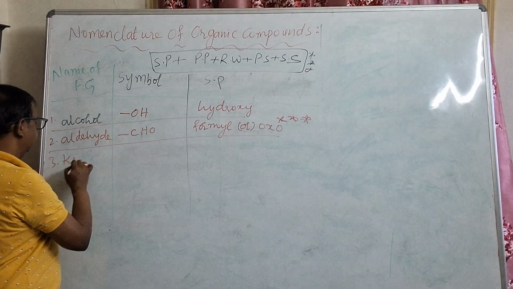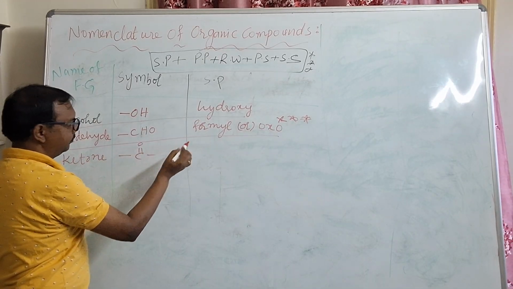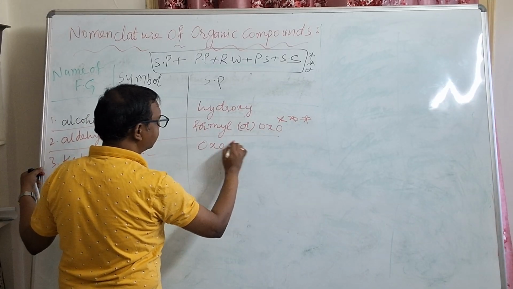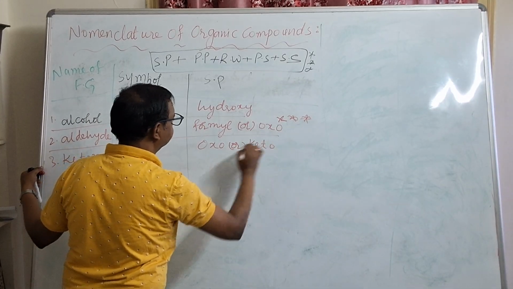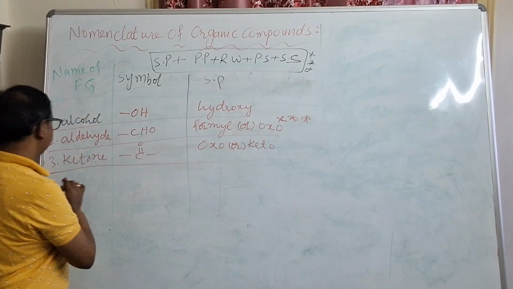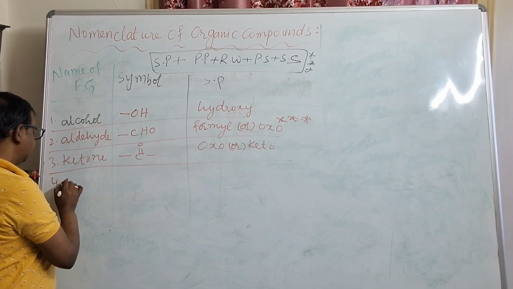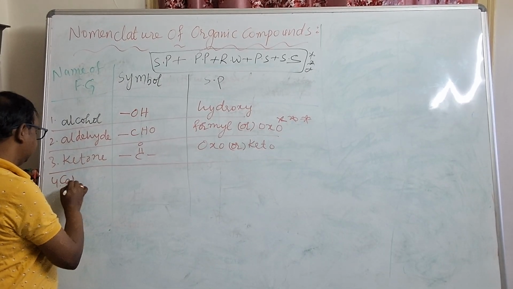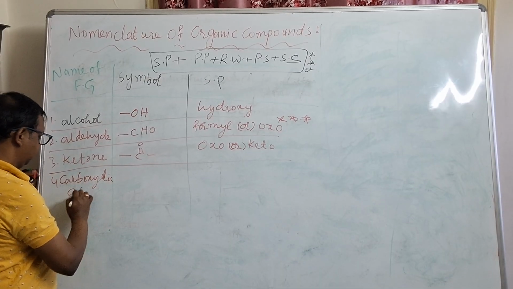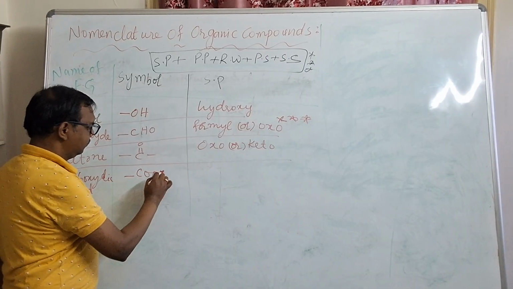Next, ketone. Ketone means C double bond O. Here it is oxo or keto, sometimes we call it. Mostly we'll use only oxo rather than keto. Next, carboxylic acid, COOH.